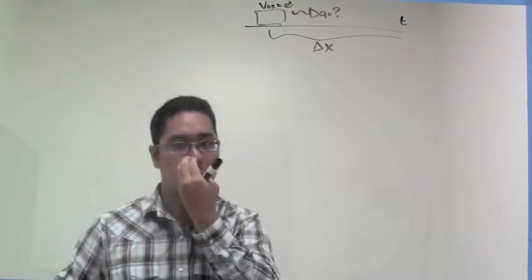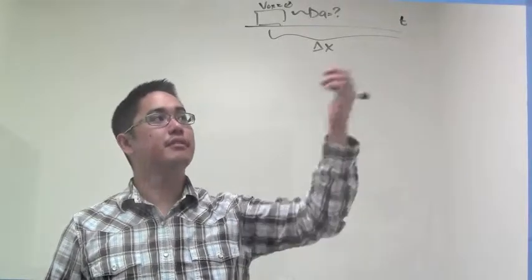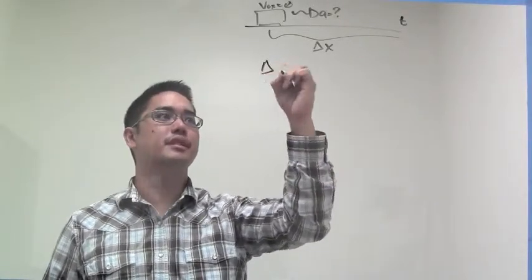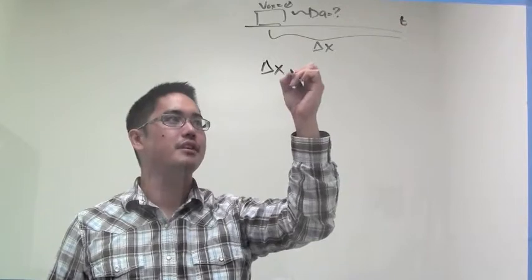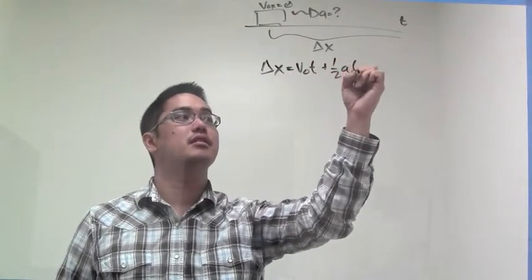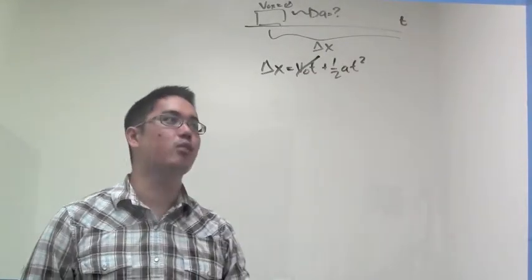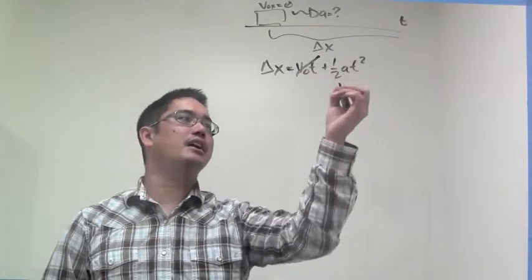is 0. So if my velocity initial is 0 and I'm looking for my acceleration, I would use pretty much the same equation we have been using this whole time. Delta x is equal to v naught t plus 1 half a t squared. What's nice is the velocity initial is 0, so I don't need to use any kind of quadratic equation. I can just solve for a.